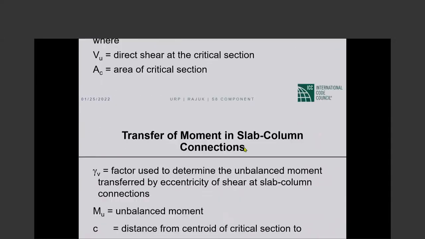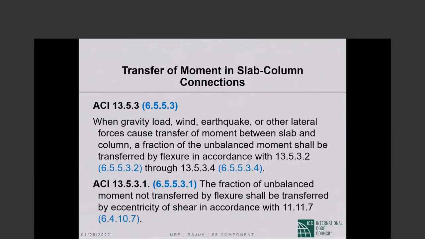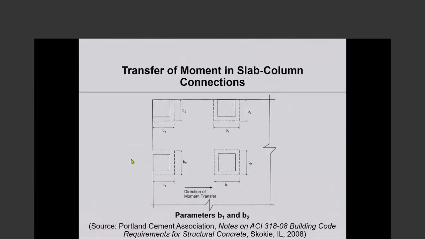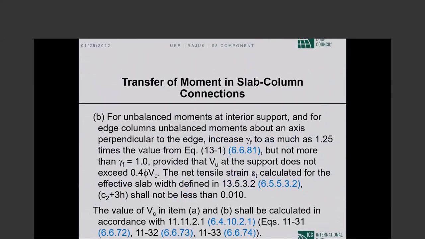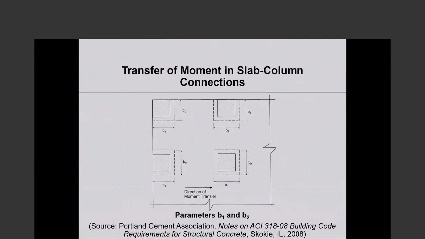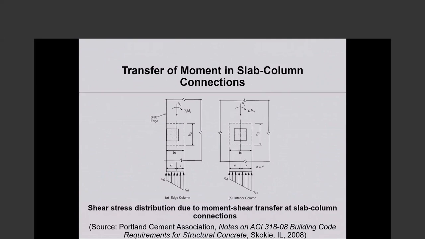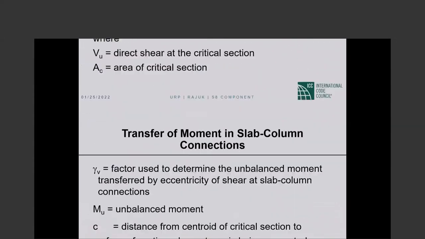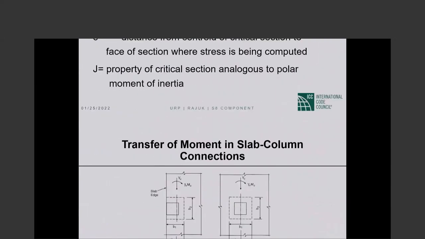So there were two parts: V over A sub C. A sub C is the area of the critical section.